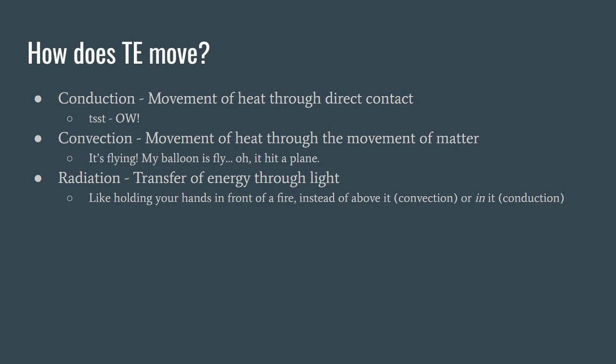Convection is the movement of heat through the movement of matter. That is to say, matter moves from one place to another and thus brings its thermal energy with it. We typically think about this in terms of, you heat something up and thus you get the hot stuff moving away from where it was. So a hot air balloon, that is an example of convection. The air inside the balloon is hot, it's less dense, and therefore it rises into the air.